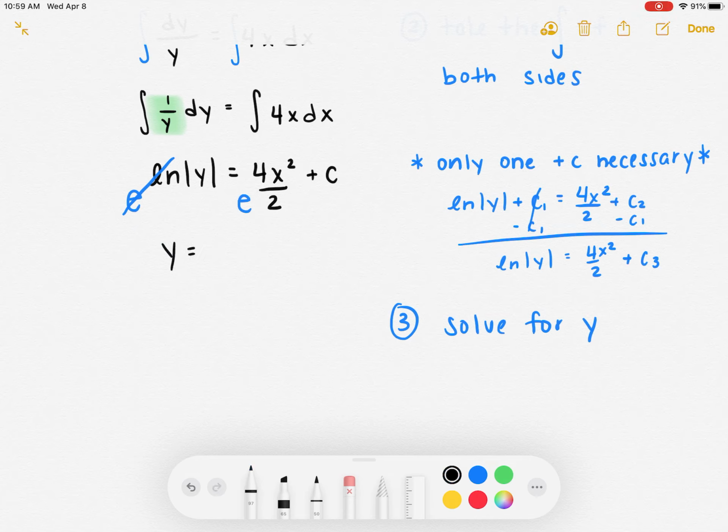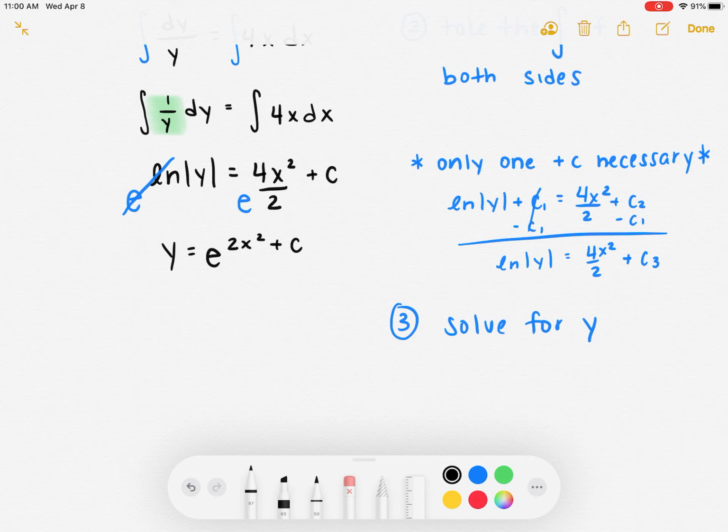My y is going to be positive because it was already applied to the ln, so I know I can't put a negative number into my natural log. So when I get rid of my ln, I can also get rid of my absolute value signs. On the right side, I'm going to have e to the, I'm also going to simplify this 4x squared over 2 to just be 2x squared plus c.